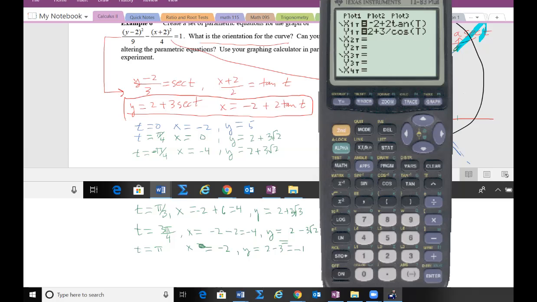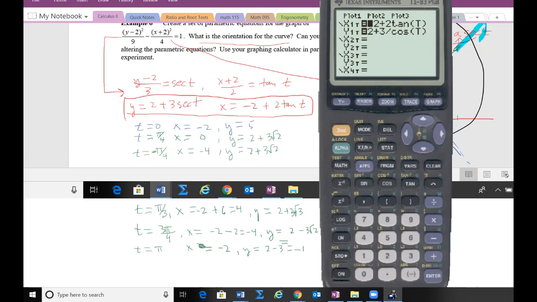But what we would like to do is change the +2 here. Well, we don't want to change that because that'll change the orientation. If we made this a negative secant, because we're still going to square it, it isn't going to change anything if we change it to a negative, but it will change our equation.